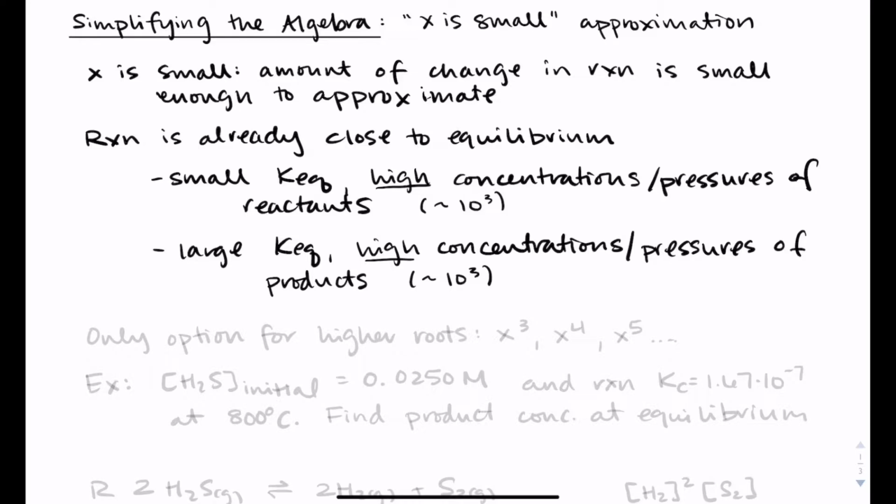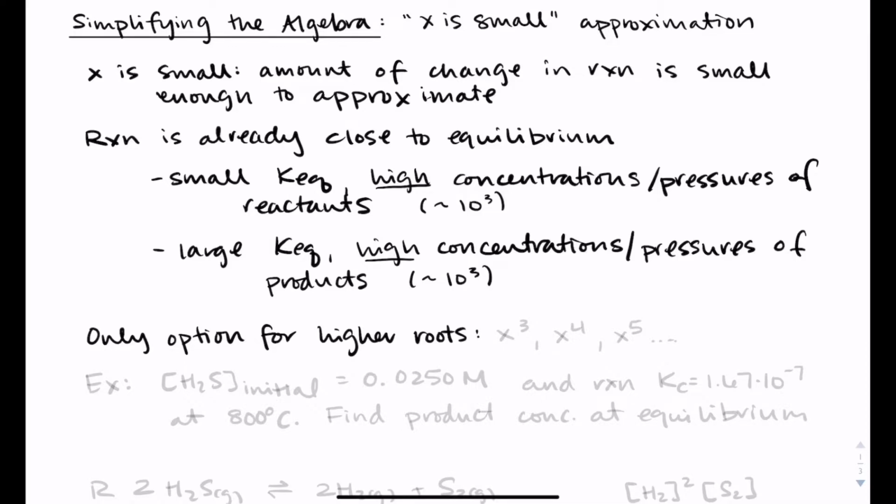So if you have a large KEQ and a high concentration or pressure of product, so large KEQ means a lot of product, high concentration or pressure of product means a lot of product. So you may have to make some reactant to get to equilibrium, but you are basically there.